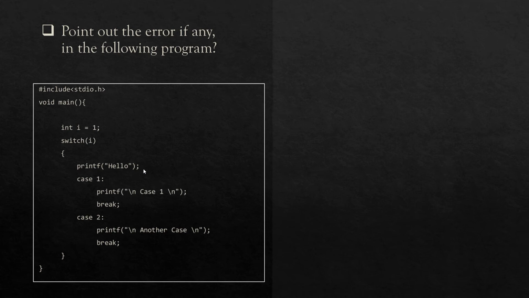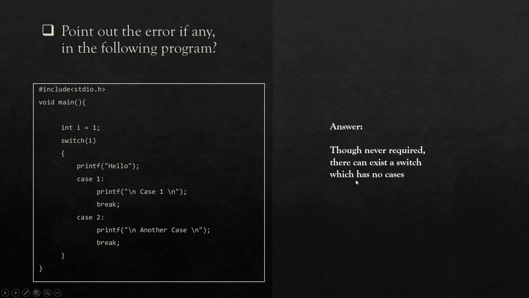The conclusion is that, though never required, there can exist a switch which has no cases. That means we don't require such a statement, but if it contains a statement outside any case, that will show no error, though it is not required. So this program will not give an error.